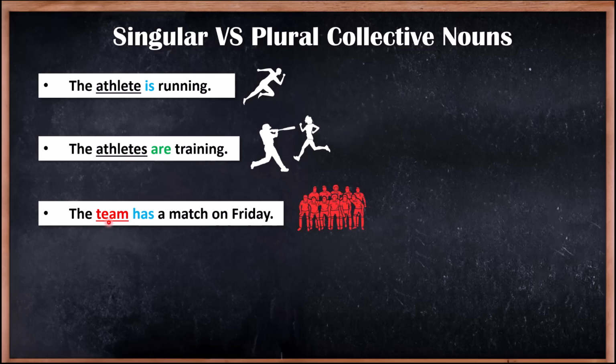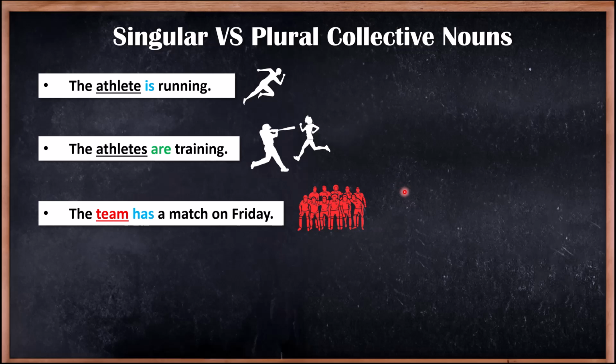The team has a match on Friday. And you can see that we've used the singular form of the verb have. The team has. It has a match on Friday, not the team have, because we're referring to the team as a single unit. It has a match on Friday.